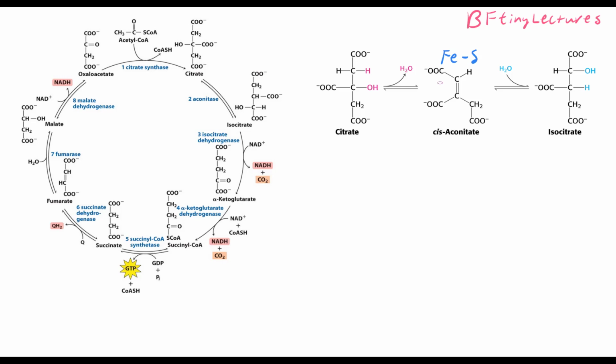That's all you really need to know about the intermediate. We do a dehydration reaction on the citrate, because we have a hydrogen and an alcohol. The alcohol can leave, creating a tertiary carbonyl, which is very favorable. The hydrogen can leave as well, forming a double bond over here. That's what you see on this intermediate.